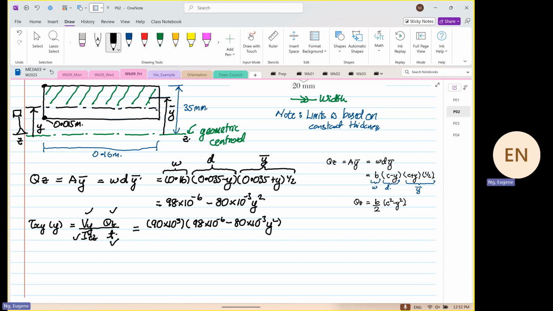Okay. And then the whole thing divided by the second moment of area, which is equal to 5.813 times 10 to the power minus 6. And then based on the thickness is equal to 0.16.